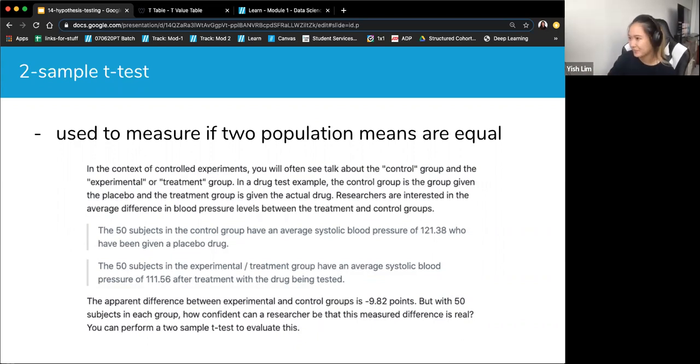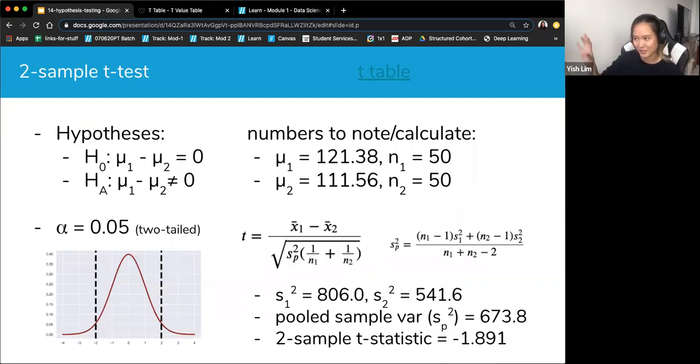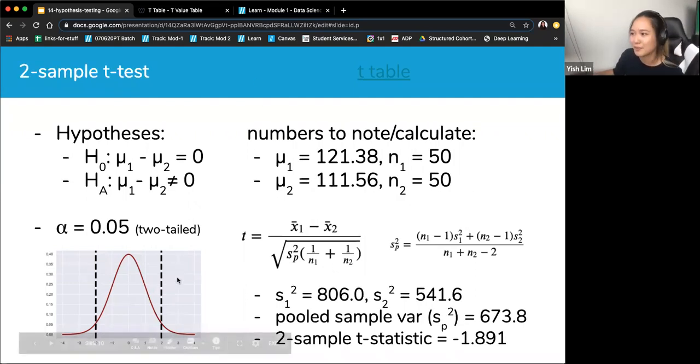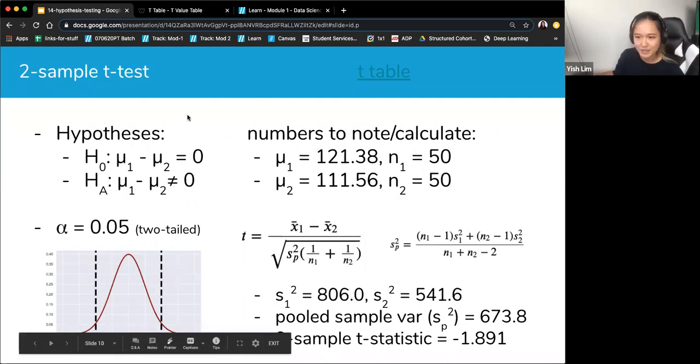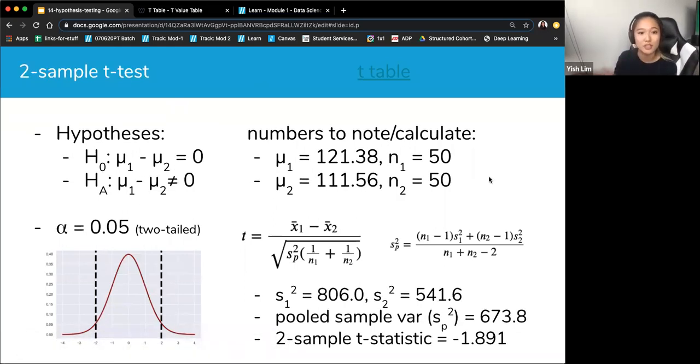All right. So lots of numbers going on here, but let's break it down. On the top left, we start with our hypotheses. You might see them in different ways, but the way it is in the labs is that the difference between mu1 and mu2 is 0. Equivalent to this, you might see mu1 equals mu2, but they're pretty much the same.